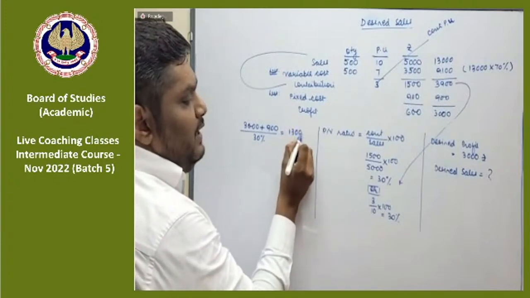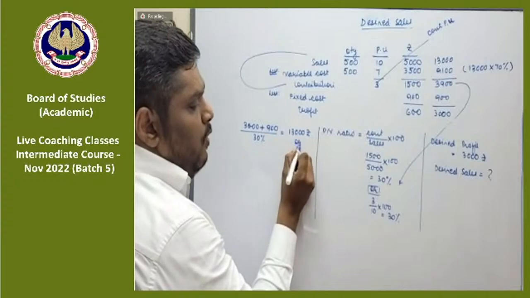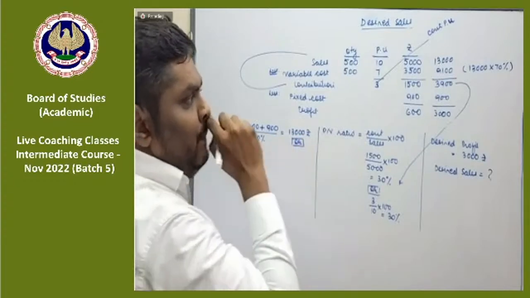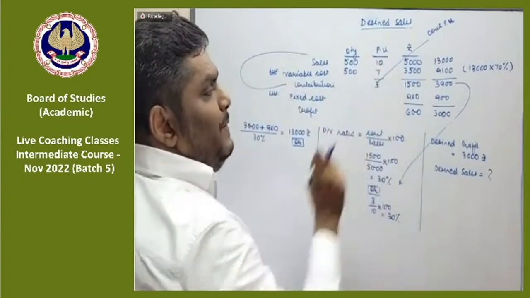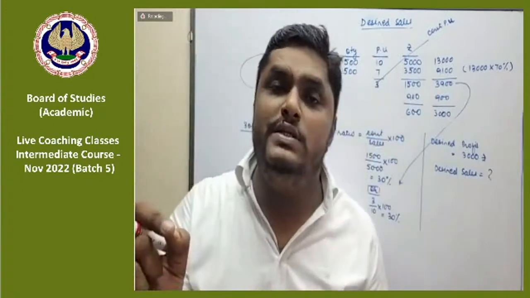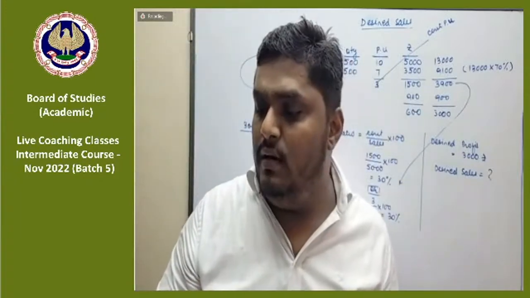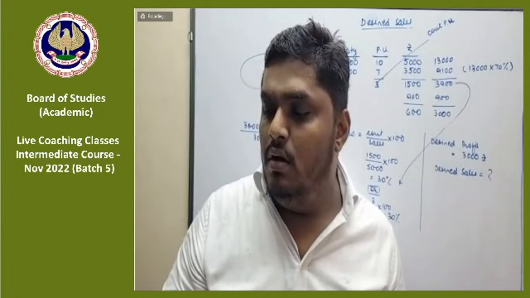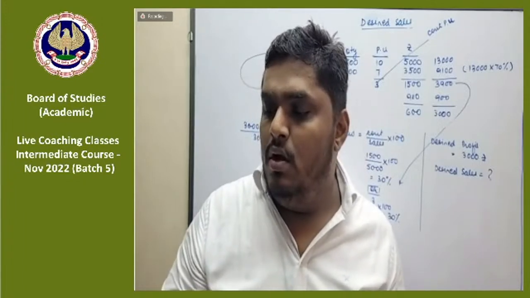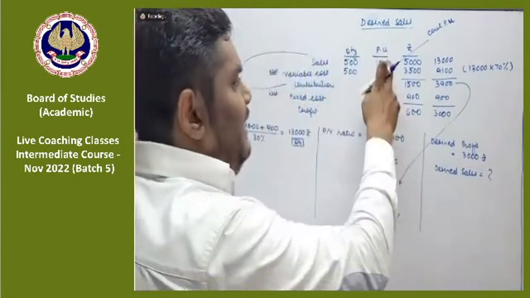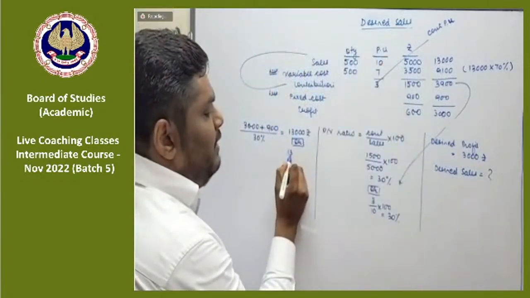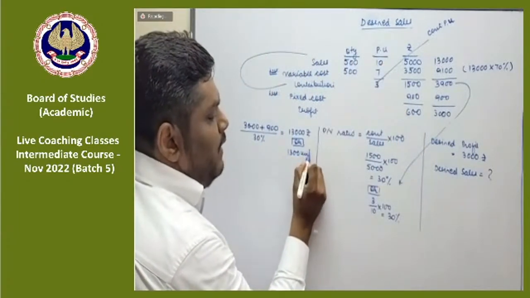So this will be 13,000 rupees. Or we can say, 1 unit is sold at the rate of rupees 10. So 1,300 units sale is required.